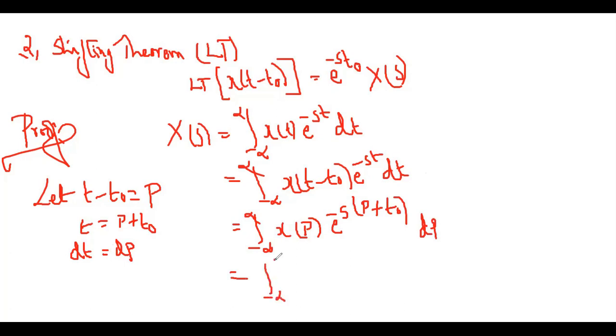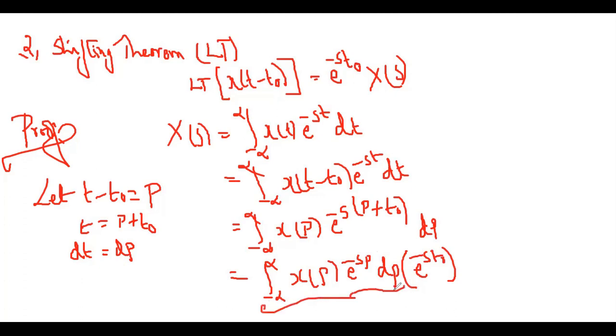Integral minus infinity to infinity x of p e power minus s into p dp, and e power minus s into t naught. So this equation is the Laplace transformation definition only: X of s is equal to X of s into e power minus s into t naught.